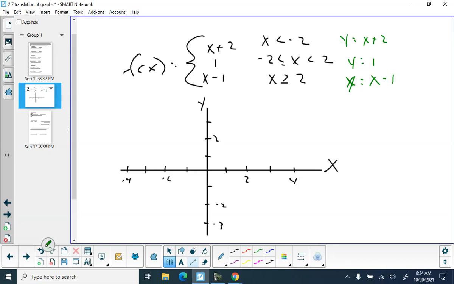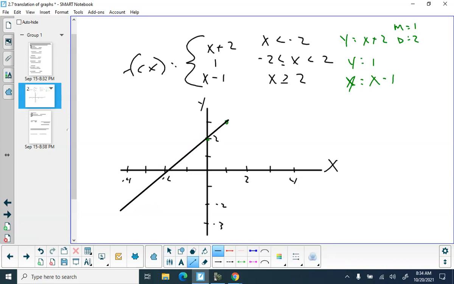Okay, so we have 3 different graphs that we have to graph here. Y equals x plus 2 gives us a slope of 1, y-intercept of 2. So I go a dot, I can go up 1 to the right 1. Here would be our graph.